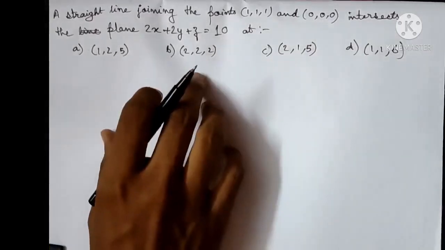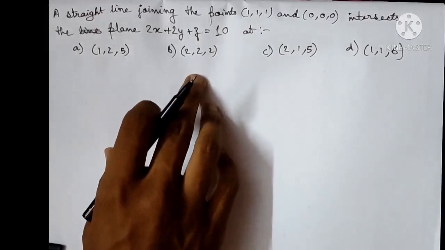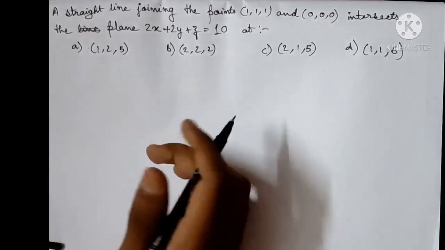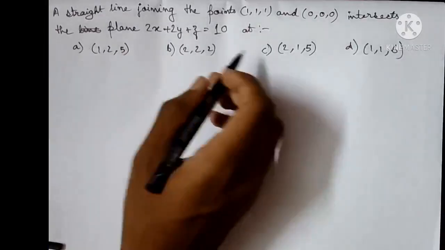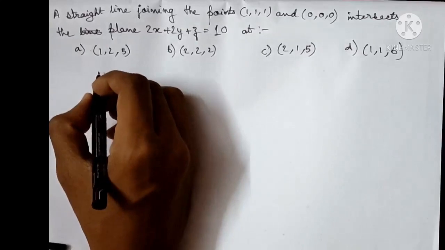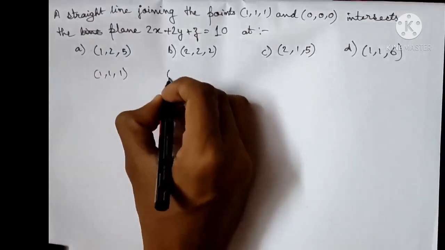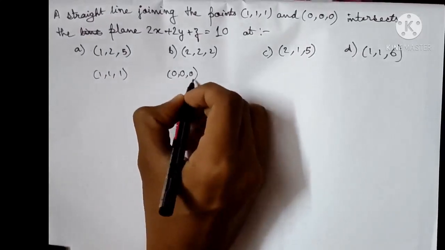So at first we have to write the equation of the line, then we will see at which point it intersects. For writing the equation of the line, we will just write the 2 points at first, that is (1, 1, 1) and (0, 0, 0).